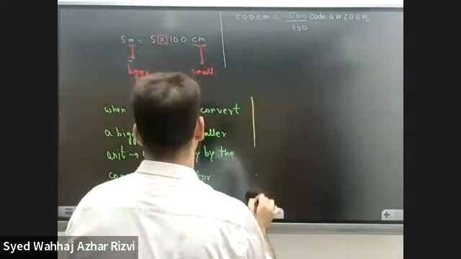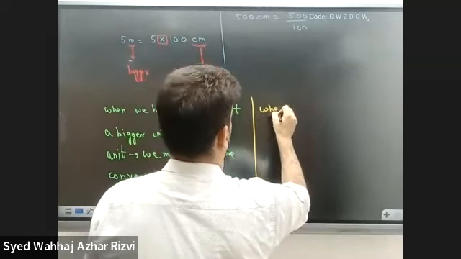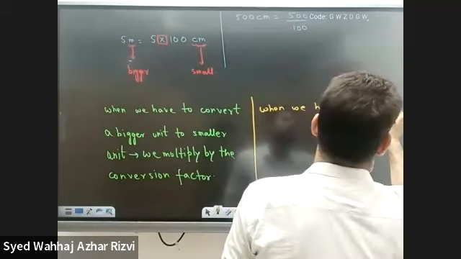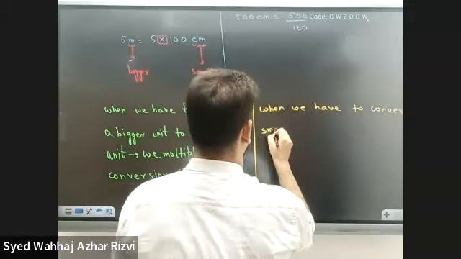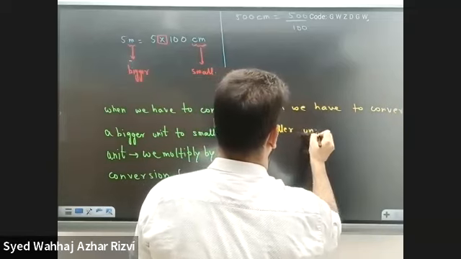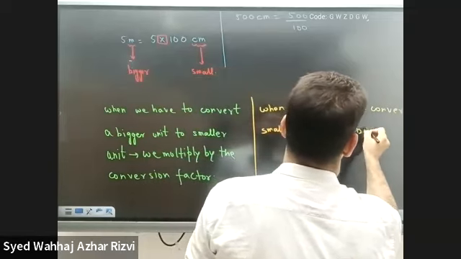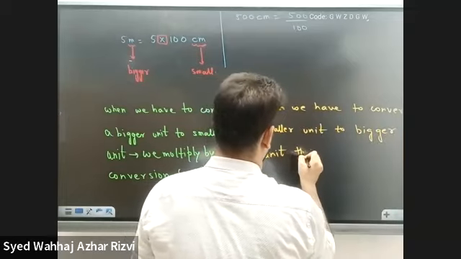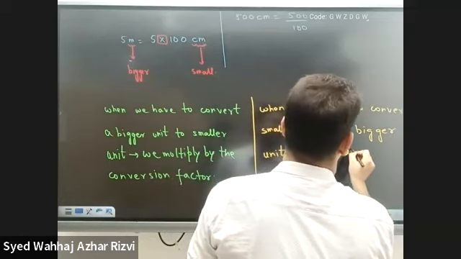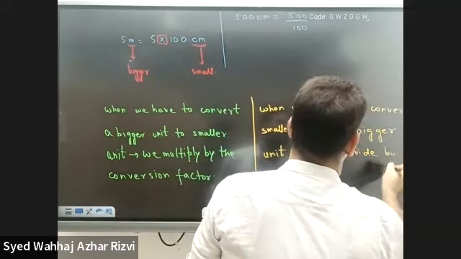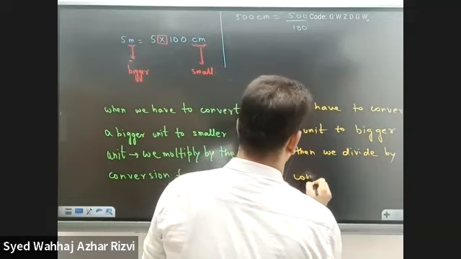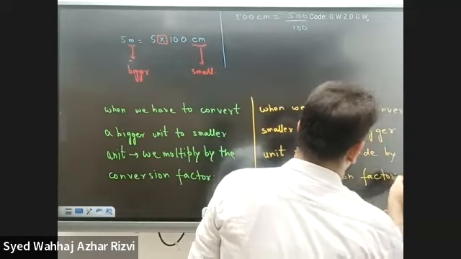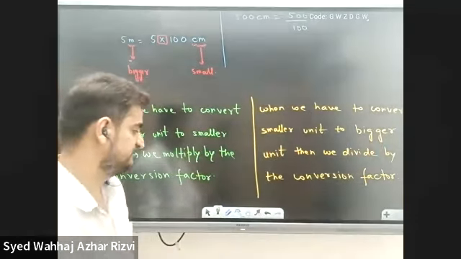What do we do when we have to convert a smaller unit to a bigger unit, then we divide by the conversion factor. Right? That is something that we have to understand.